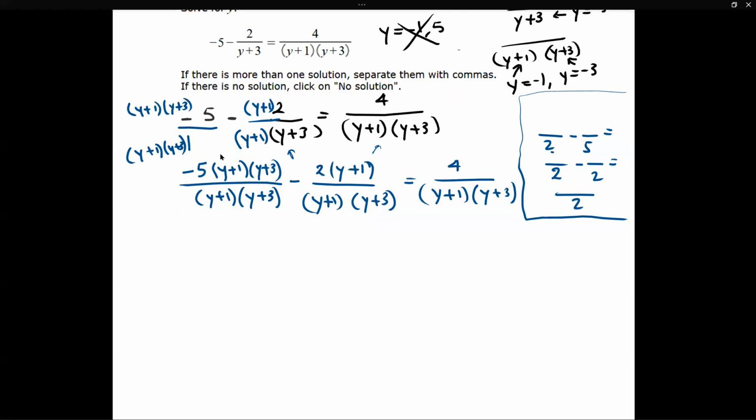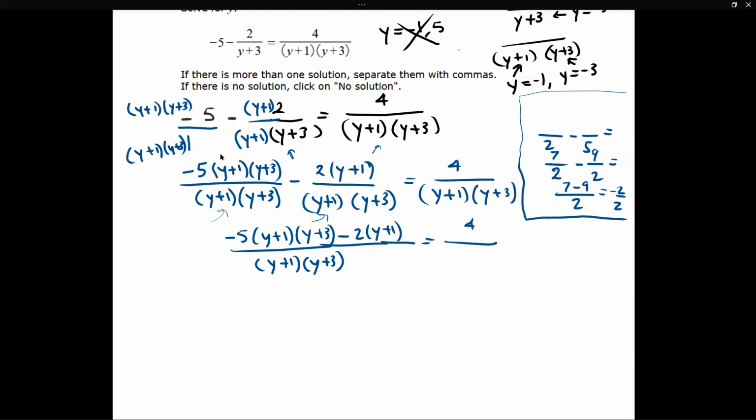Let's say this is a 7 and this is a 9. You're going to say 7 minus 9, which is negative 2 over 2. Same thing here. This denominator and this denominator are the same. Just like the 2 there, we're going to keep it, and we're going to do the top part: negative 5 times y plus 1, the first numerator minus the second numerator.